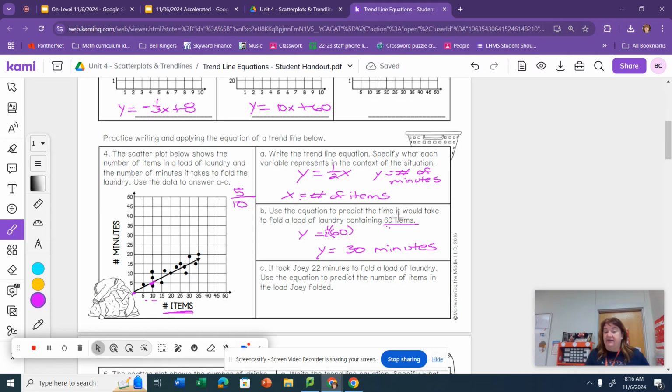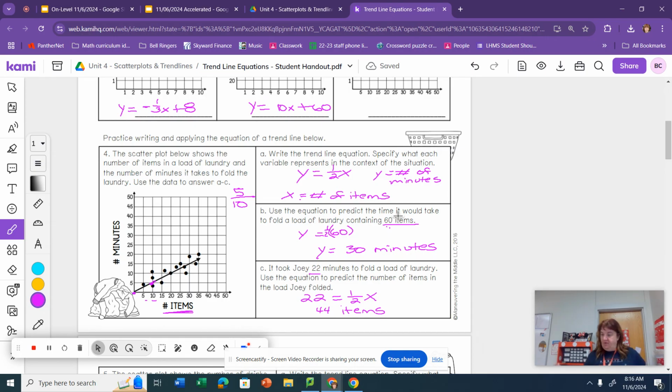Now we're going to flip it. It took Joey 22 minutes. So how many items of clothing is that? You just flip it, and then we're going to go times 2. So it would be 44 items.